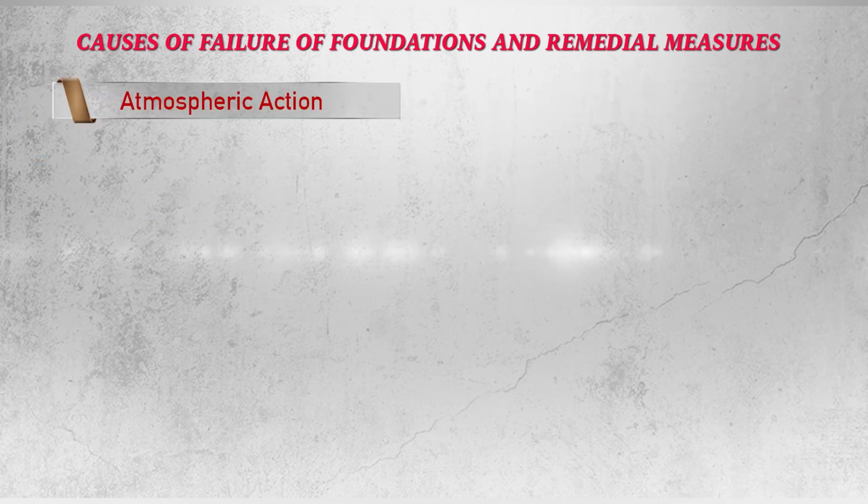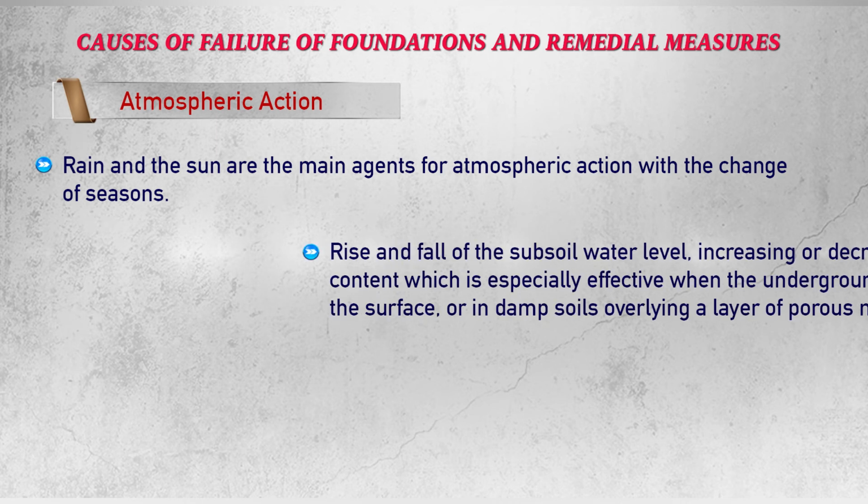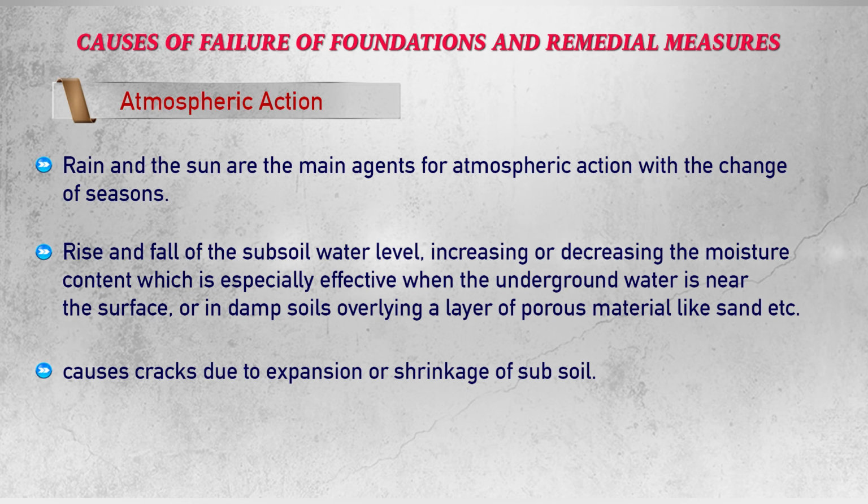Now let us look at atmospheric action. Rain and the sun are the main agents for the atmospheric action with the change of seasons. Rise and fall of subsoil water level, increasing or decreasing the moisture content, which is especially effective when the underground water is near the surface, or in damp soils overlying a layer of porous material like sand, causes cracks due to expansion or shrinkage of subsoil.